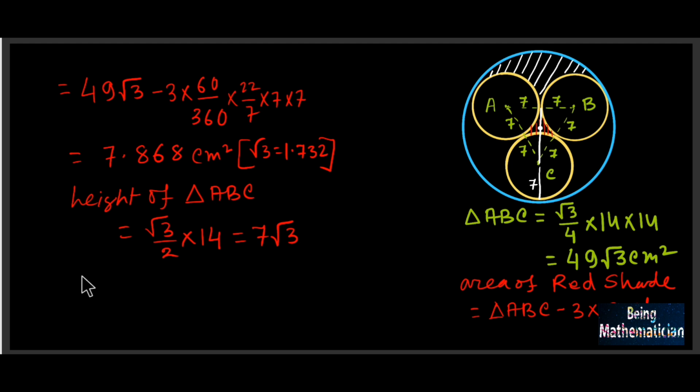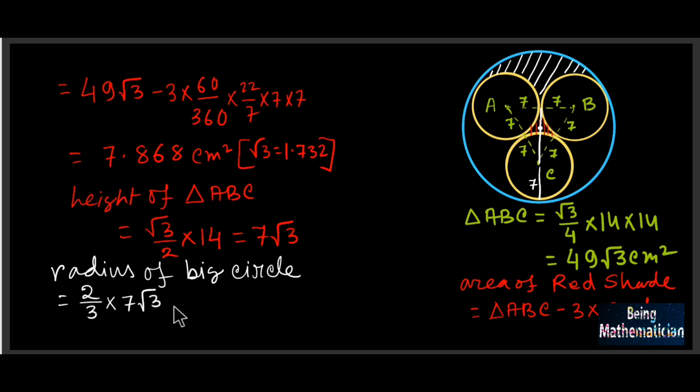So radius of big circle is circumradius, that is 2 by root 3 into height of the triangle, that is 7 root 3, plus the radius of small circle, that is 7, and it simplifies as 7 by 3 into 2 root 3 plus 3 centimeter.